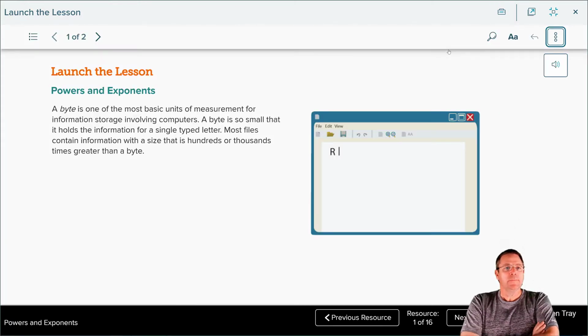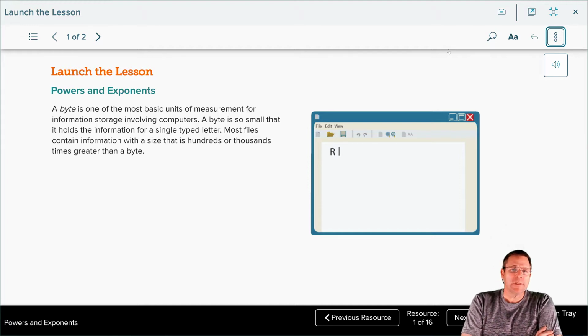A byte is one of the most basic units of measurement for information storage involving computers. Essentially, a byte is an on or an off, a 1 or a 0. A byte is so small that it holds the information of a single type letter. Most files contain information with a size that is hundreds of thousands of times greater than a byte.